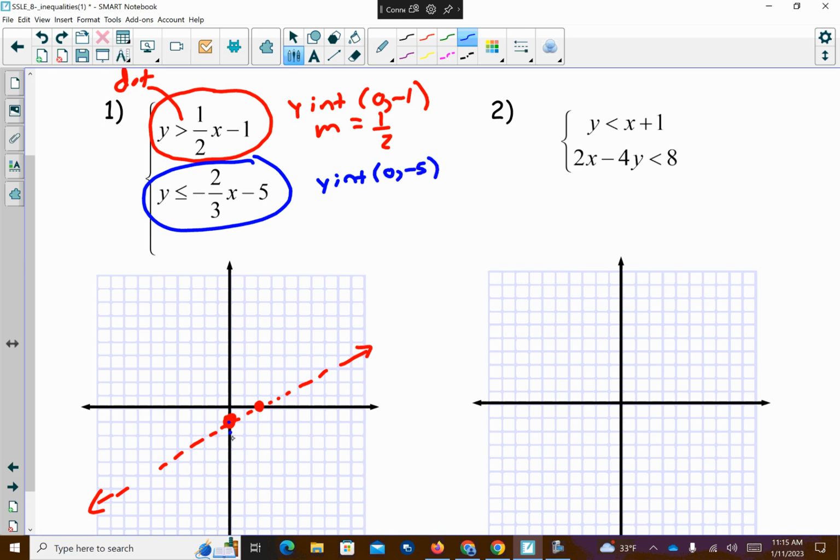So 1, 2, 3, 4, 5. Slope? -2/3. So I'm going to go down 2, right 3. Solid or dotted? Solid. Because that little line underneath.